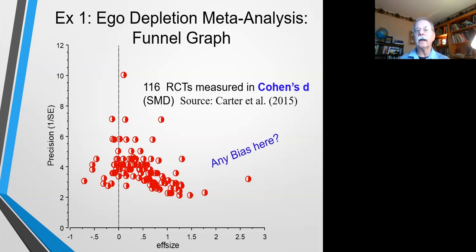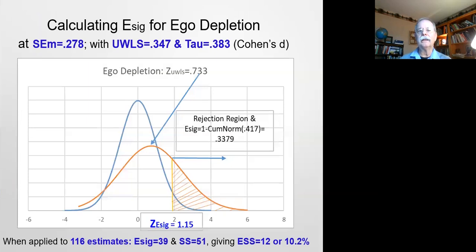There was a Slate cover story about ego depletion's publication bias, and the F word was used by a Canadian psychologist, believe it or not, to describe the current state of social psychology. Well, is there any publication bias here? Any issues you see in this simple funnel graph? Well, yes, probably. And it's probably fairly obvious.